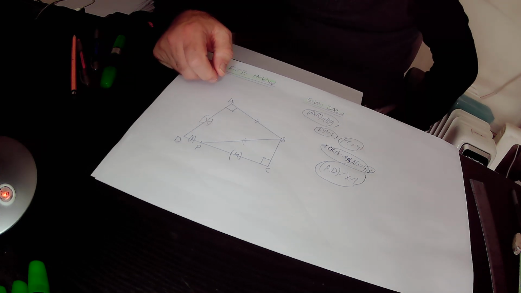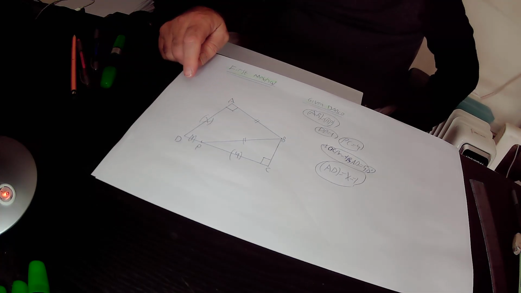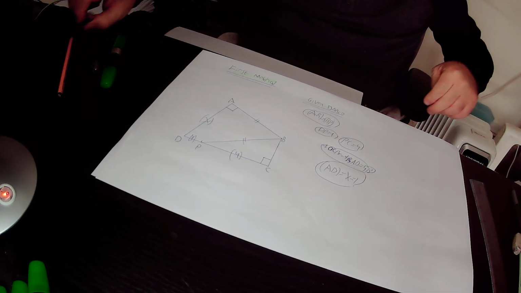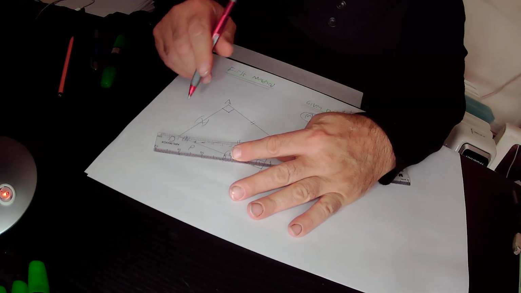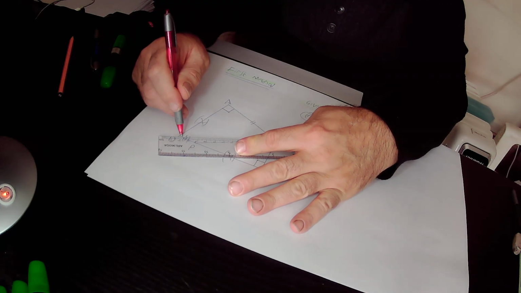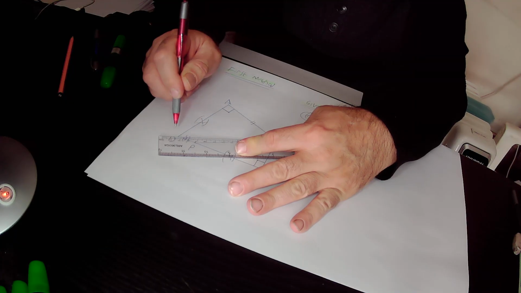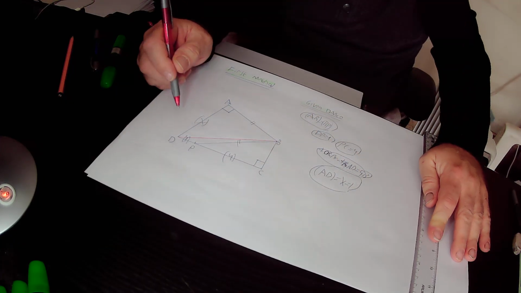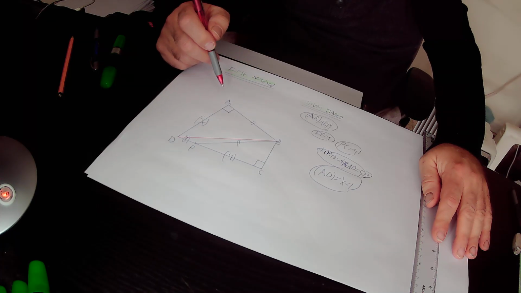So first of all, we will join points B and D together by a straight line. By joining points B and D, we divided quadrilateral ABCD into two right triangles.